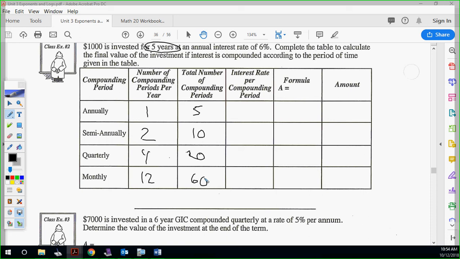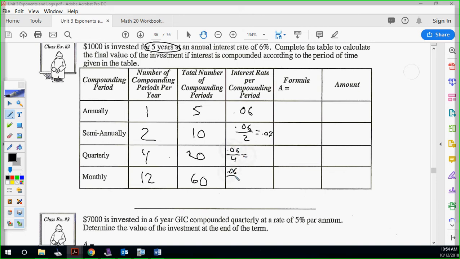Then we have to remember for the interest rate, and we did this already, we have to divide by the number of compoundings per year. If you're doing annually, your interest rate is just 0.06. But if you're doing semi-annually, it's 0.06 divided by 2, which is your 3%. Quarterly, 0.06 divided by 4.